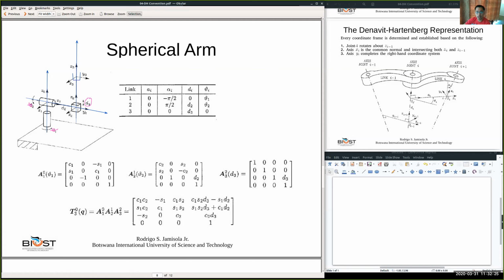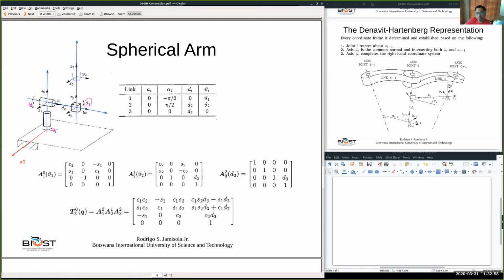I want my X to be here. This is my X0. That is my Z0, X0, and by the right-hand rule, that means your Y0 is here.